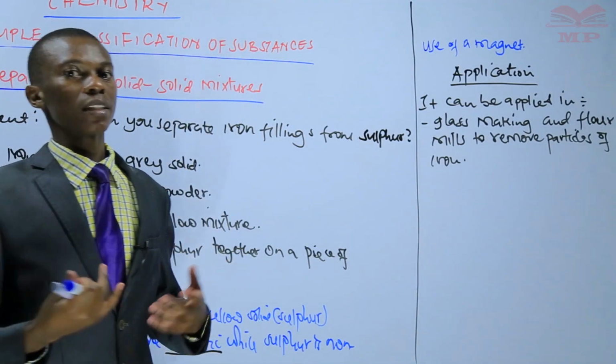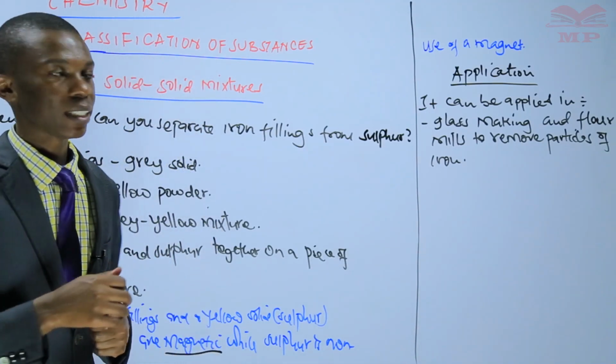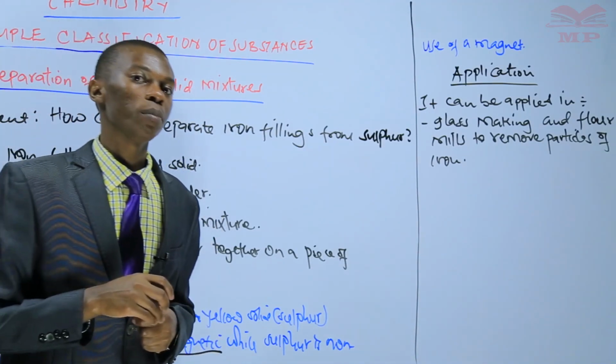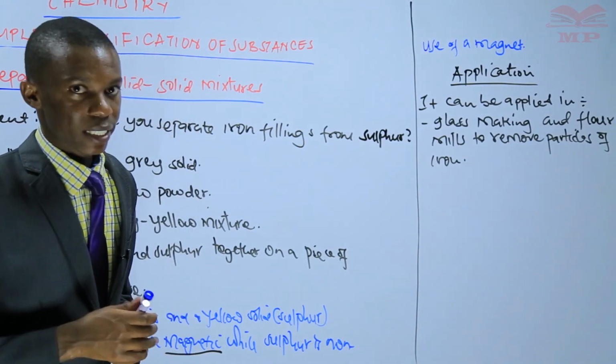In glass making, glass is non-magnetic. Glass cannot be attracted by the magnet.